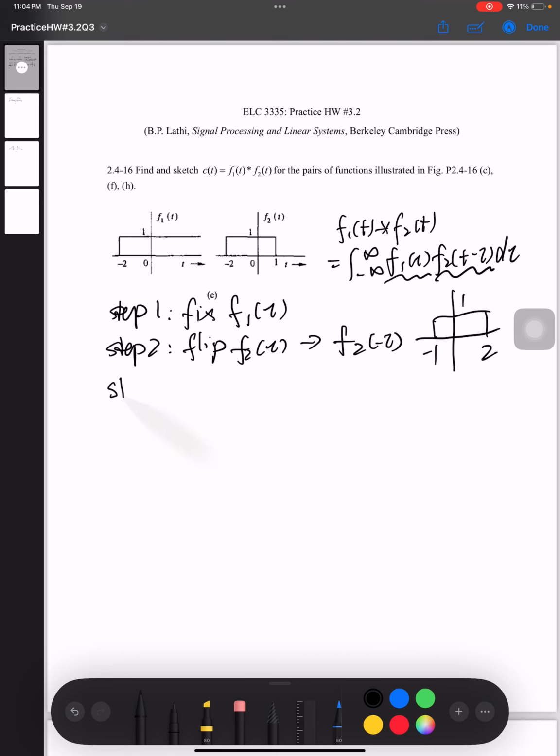And step 3, we need to shift f2(minus tau) to f2(t minus tau), which corresponds to this part.